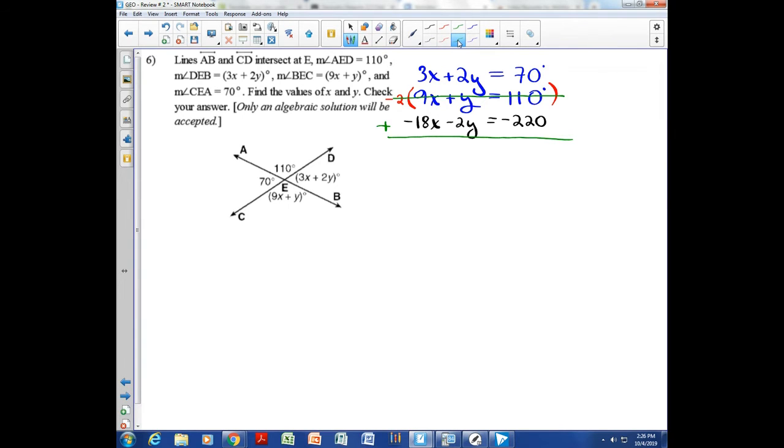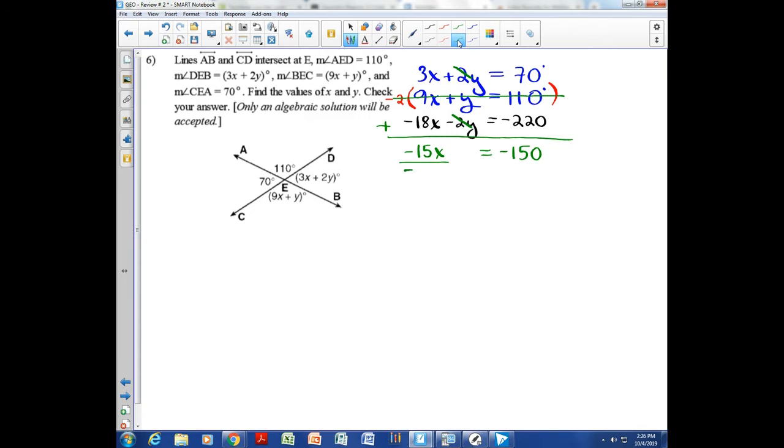And I get a positive 3x plus a -18x, which is -15x. My two y's cancel out and is equal to 70 plus a -220, which will be -150.